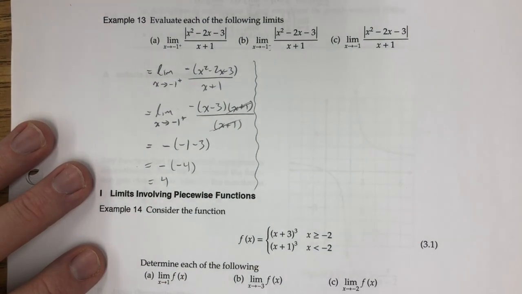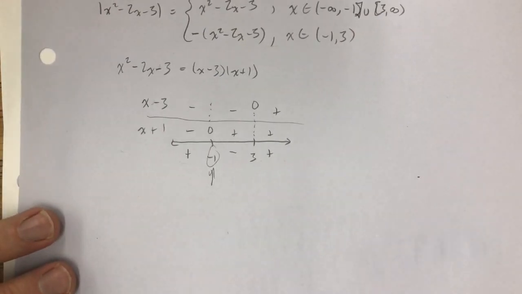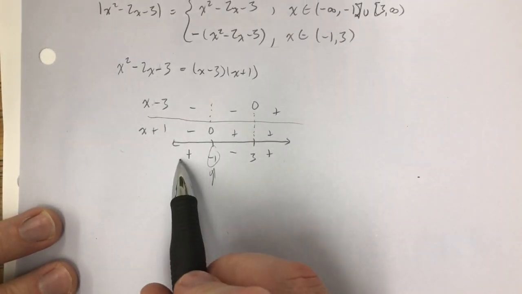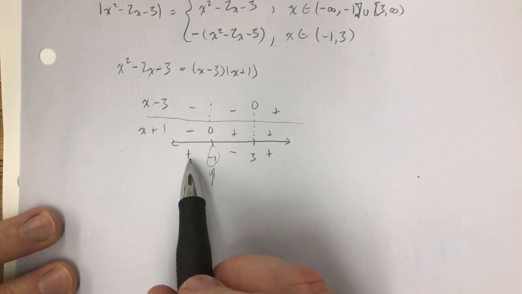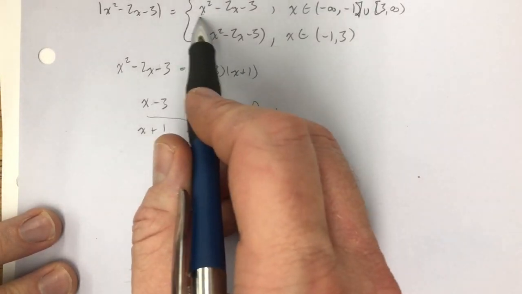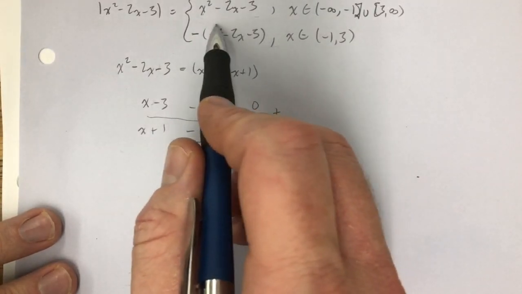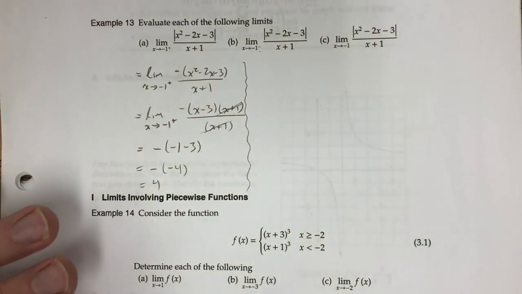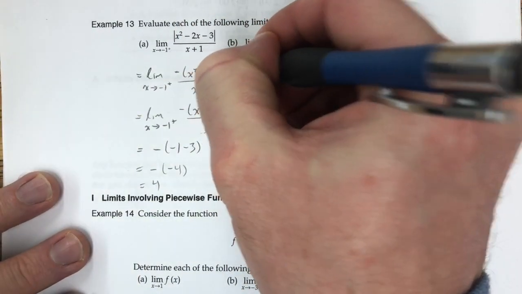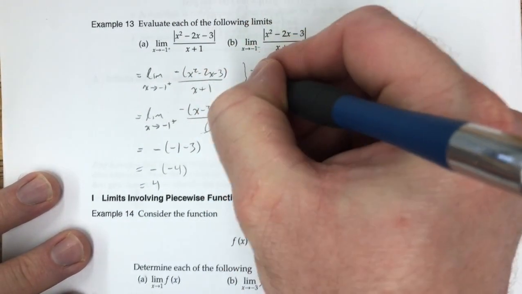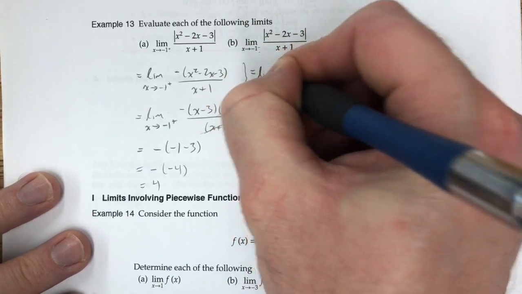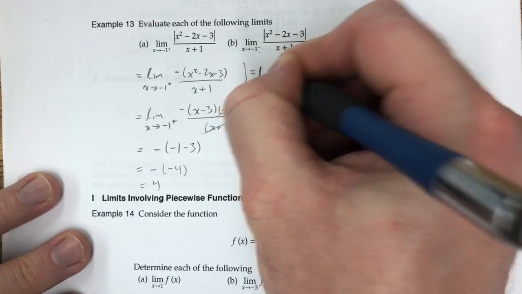Now we'll look at it from the left-hand side of -1. You'll remember from our analysis that on the left-hand side, x squared minus 2x minus 3 is positive, so we're going to be using the top definition. So this is the limit as x approaches -1 from the left.